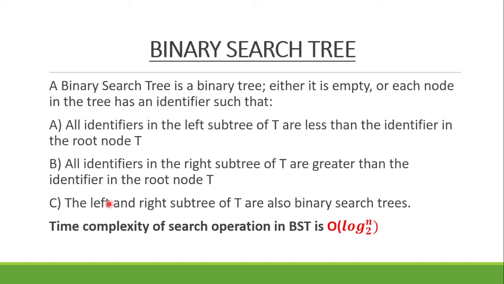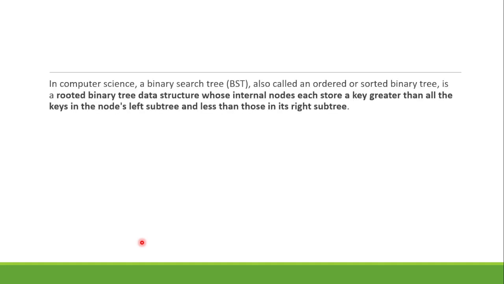The advantage of arranging data in this way is that the complexity of the search operation in a binary search tree is big O of log n to the base 2. We will discuss it in detail. So in computer science, a binary search tree is abbreviated as BST. It is also called an ordered or sorted binary tree. It is a rooted binary tree data structure.